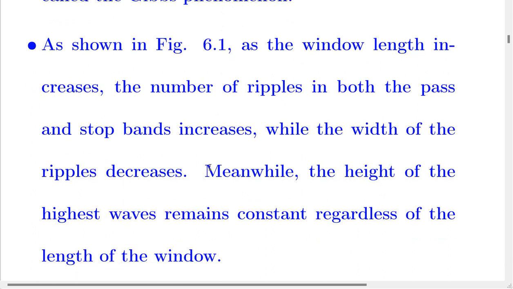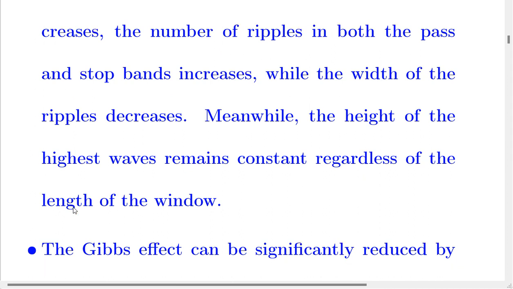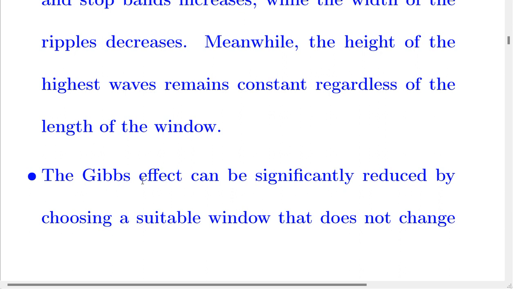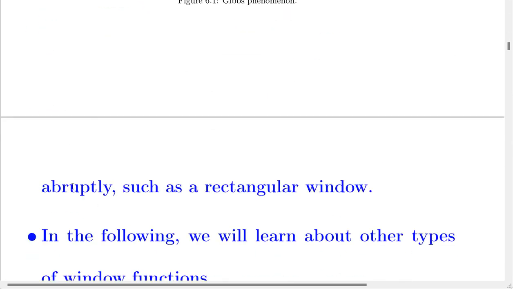Meanwhile, the height of the highest waves remains constant regardless of the length of the window. The Gibbs effect can be significantly reduced by choosing a suitable window that doesn't change abruptly, such as a rectangular window.